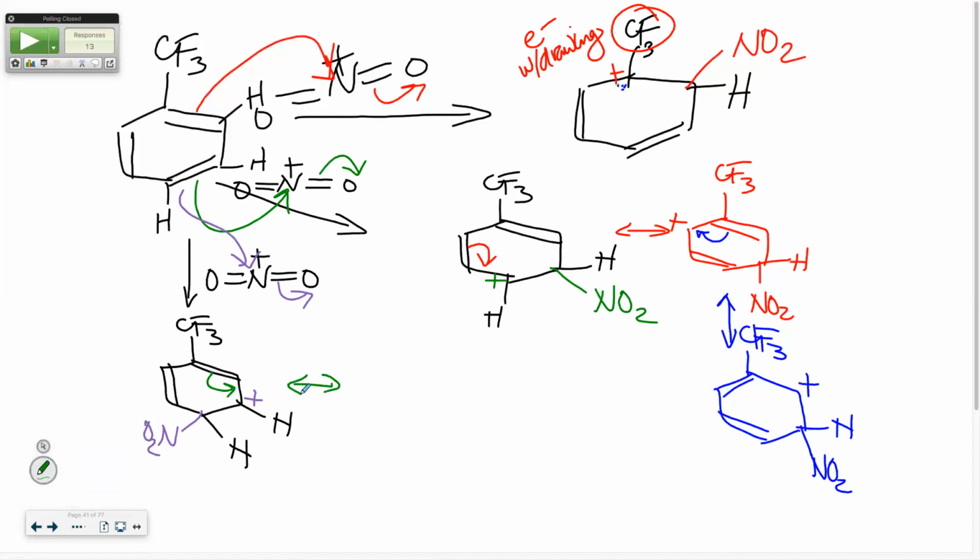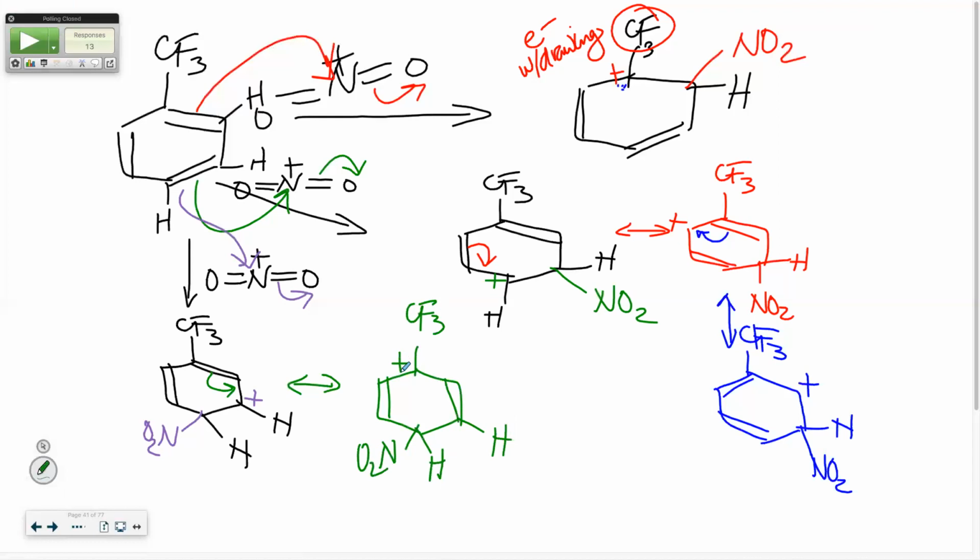Because remember that overall, the molecule is all those resonance forms added together. I will get this part written in, and then I'll move out of the way. Draw what didn't change. If I take those electrons and put them to the right, I'm going to have a double bond. And where's the plus? It's right here.